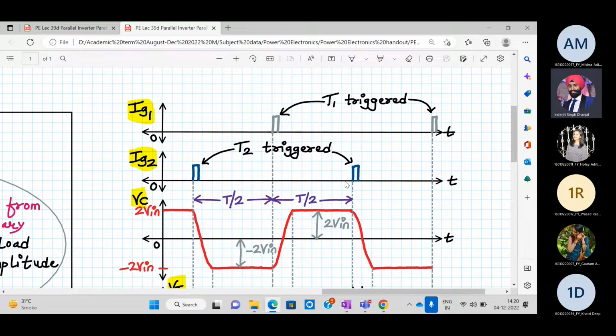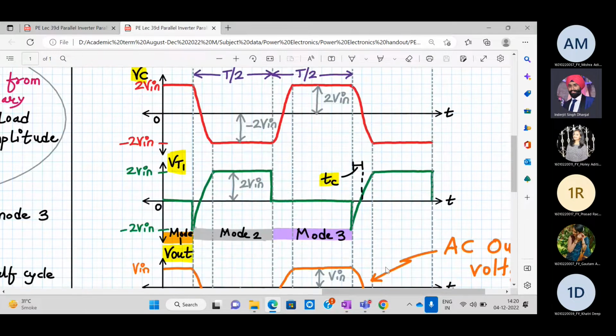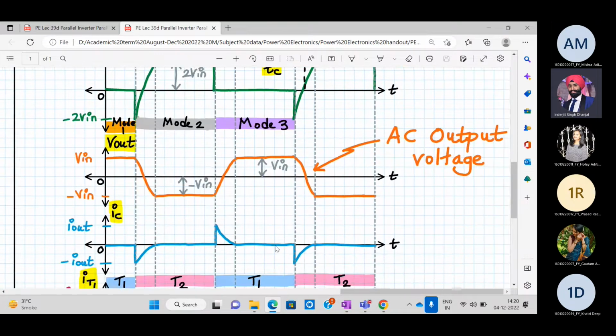As soon as we trigger T2 on, again the capacitor voltage will fall down and the cycle will repeat itself. And here you can see this is the output voltage and that is the AC voltage. So we have started with the input DC and now we are getting output AC. That's how this parallel inverter will work.